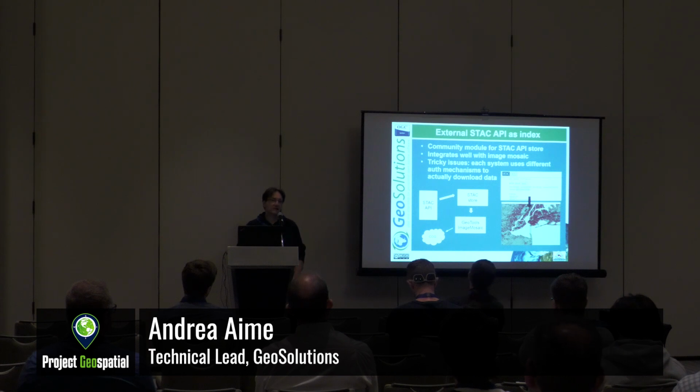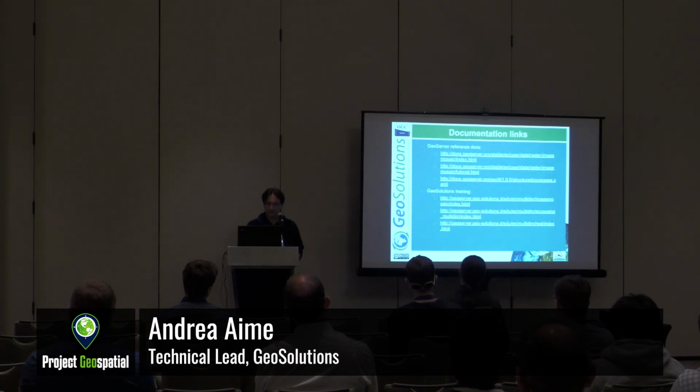The STAC store is a GeoServer data store that can talk to an external REST STAC API and then deliver the footprints as vectors. Then you can put them on a map, but also act as the index for an image mosaic, which then will fetch the rasters, hopefully through COG from the remote storage.